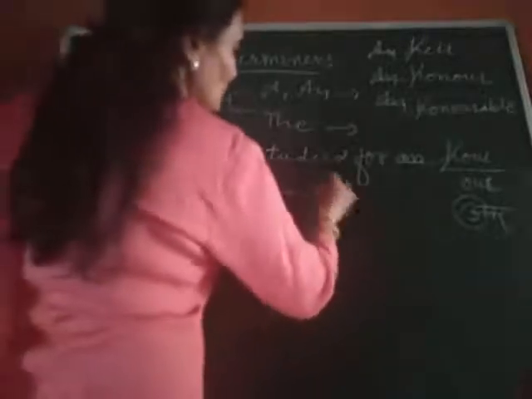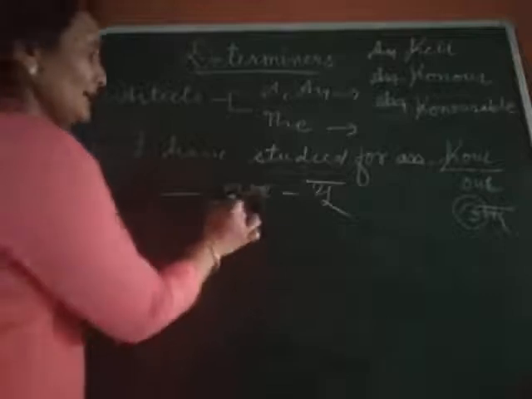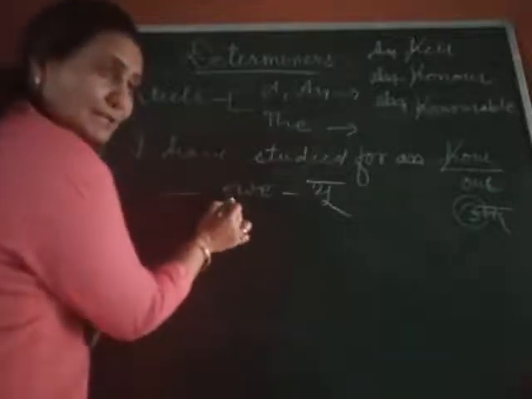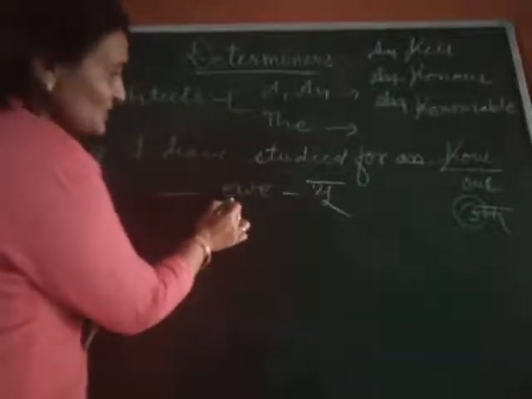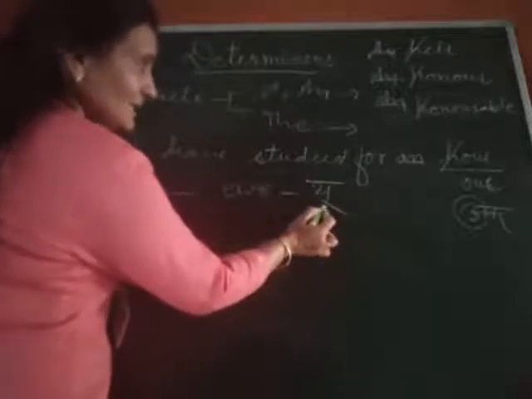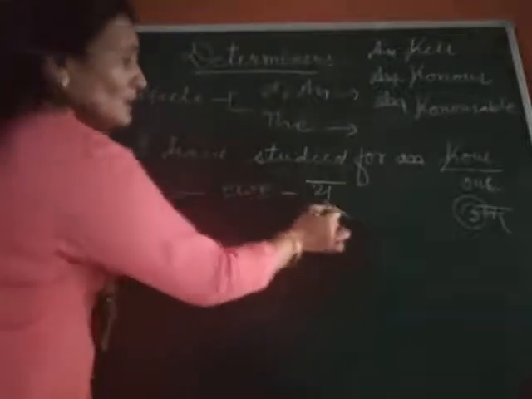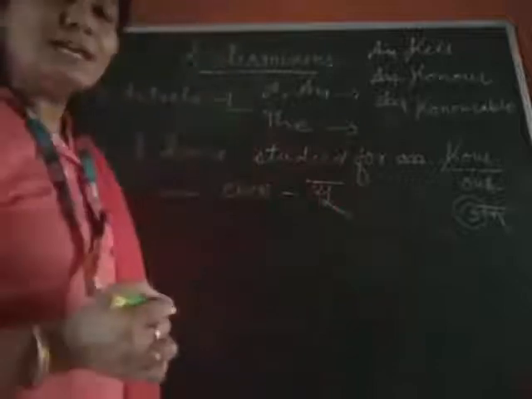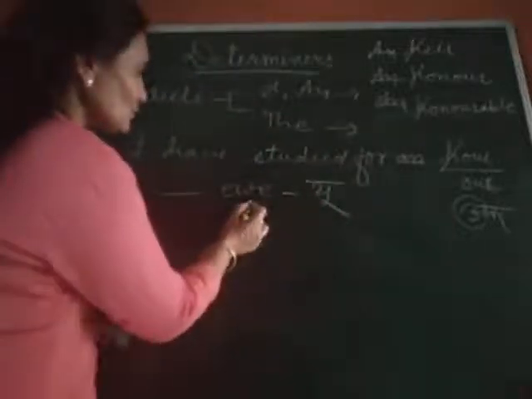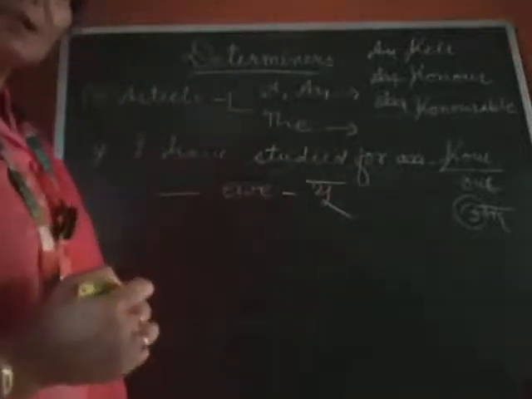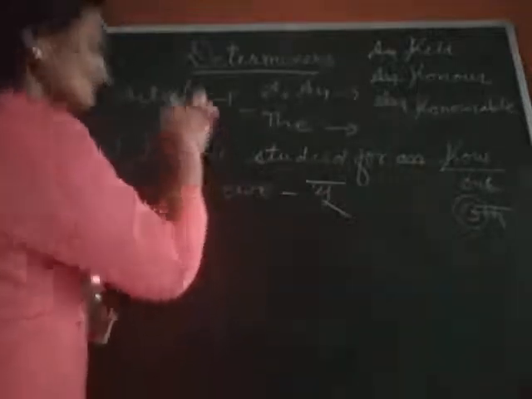Next, there are so many more examples which are very typical and difficult also, because these words start with a consonant or a vowel letter but give the opposite sound. Like here I am writing some words. EWE.